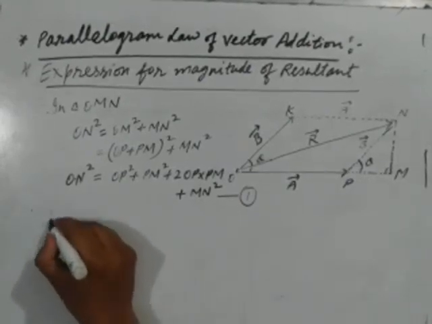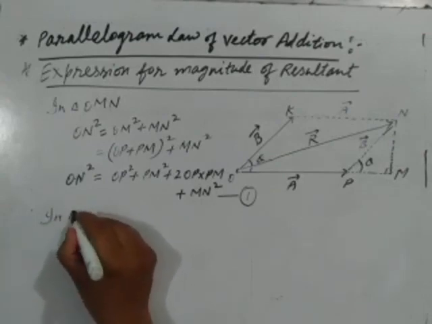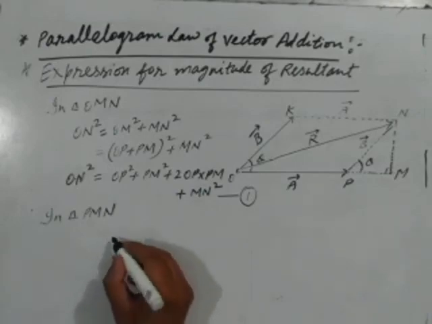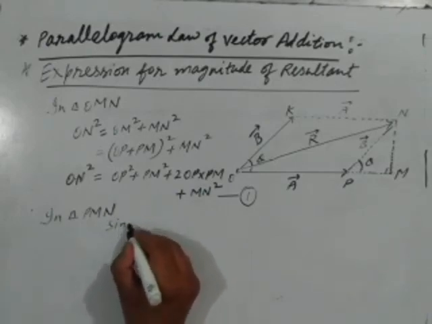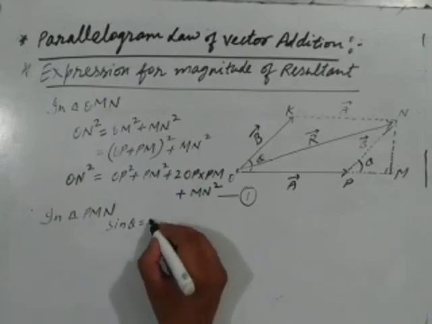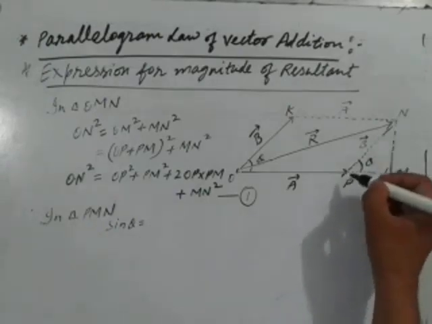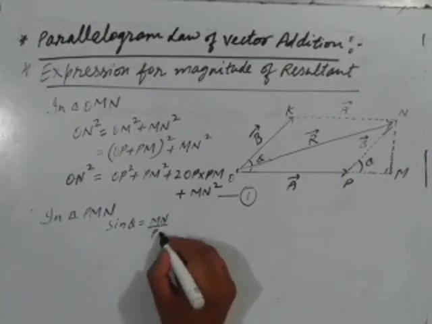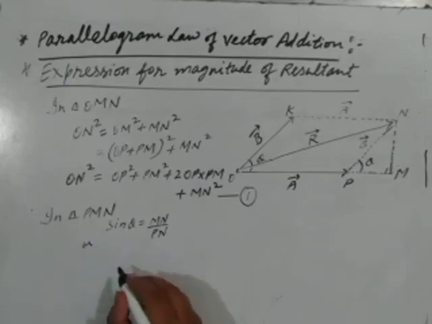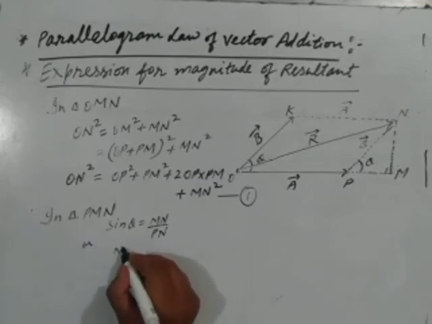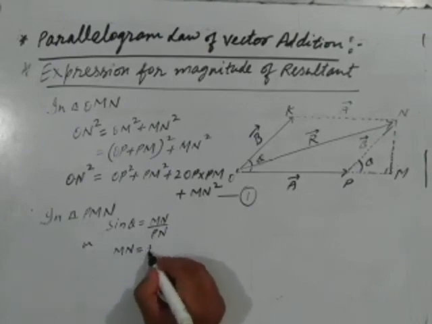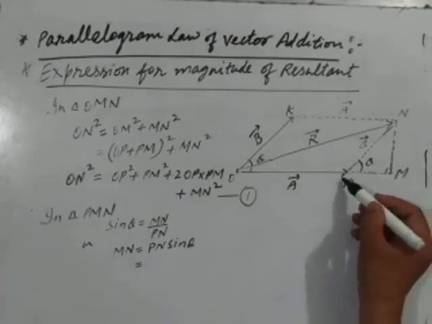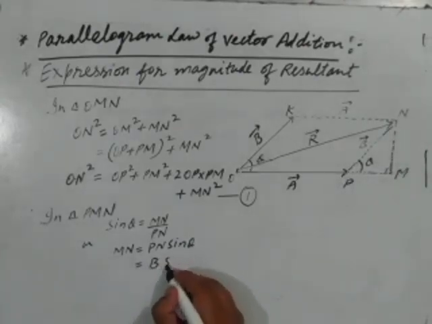Now in triangle PMN, sine of the angle is equivalent to perpendicular upon hypotenuse, so MN upon PN, or we can say MN equal to PN sin theta, or PN equal to B, so B sin theta.